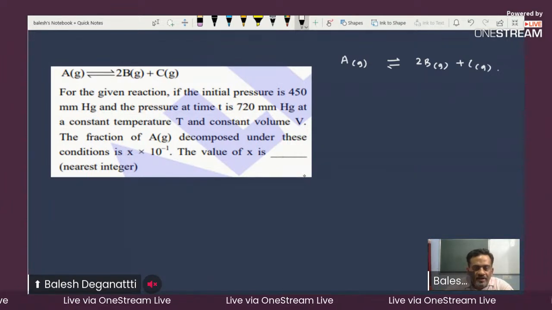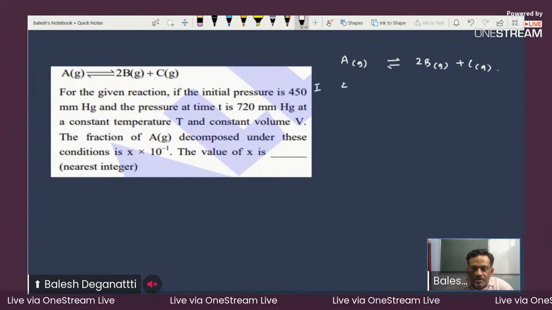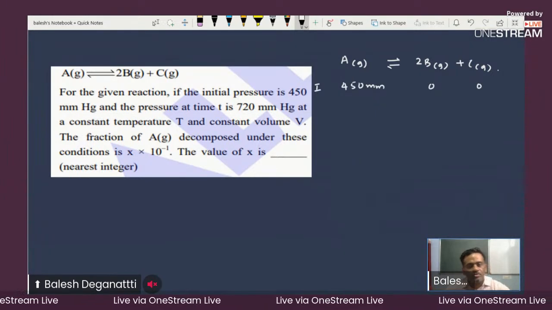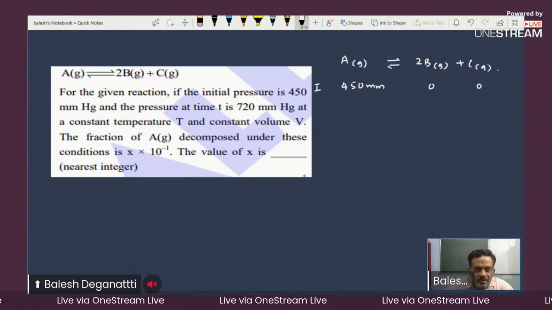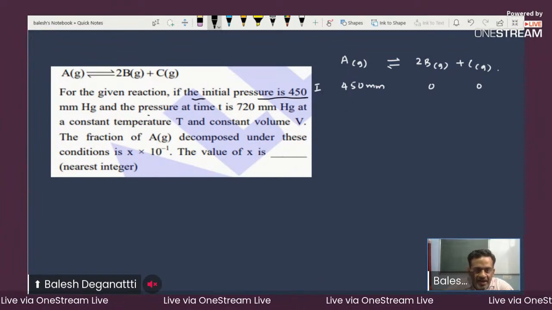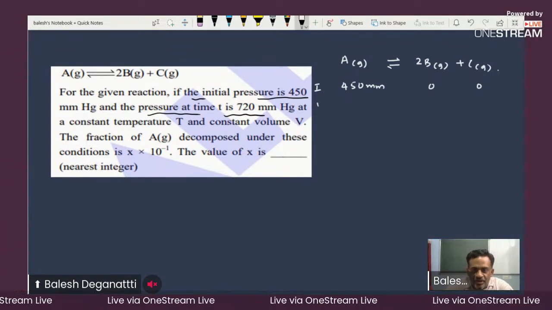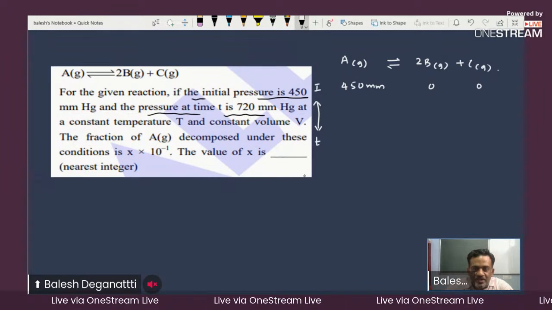For a given reaction, if the initial pressure, again, initial pressure means the pressure of only reactant, because initially you will not be having any product, so therefore B and C are 0. If the initial pressure is 450 mm and the pressure at time t is 720 mm, so let the reaction take place for some time t.